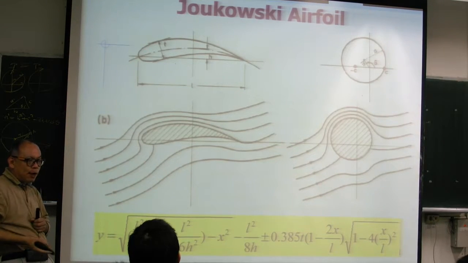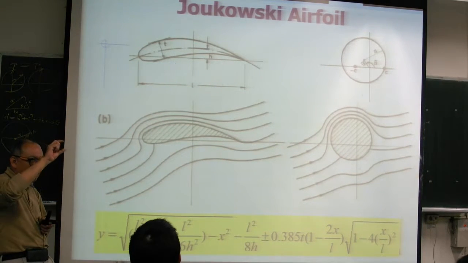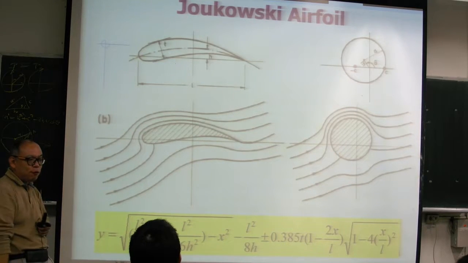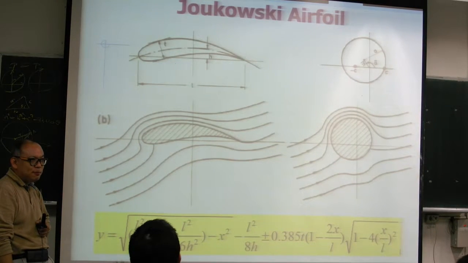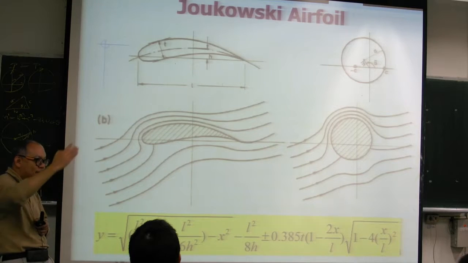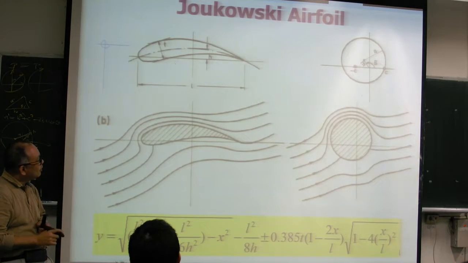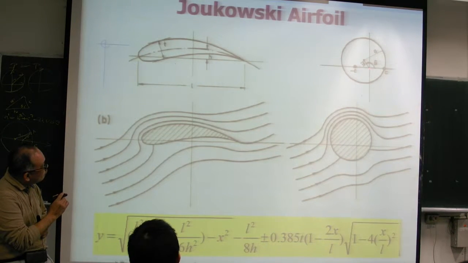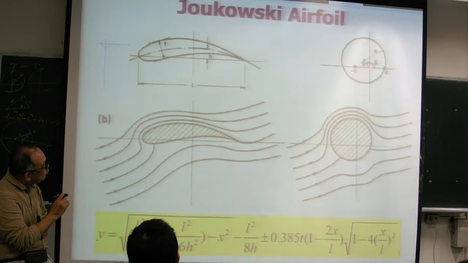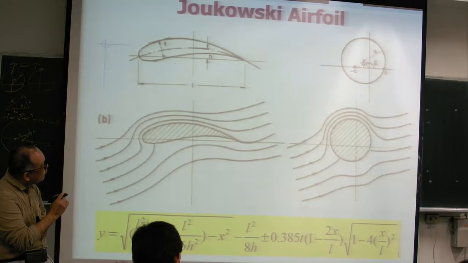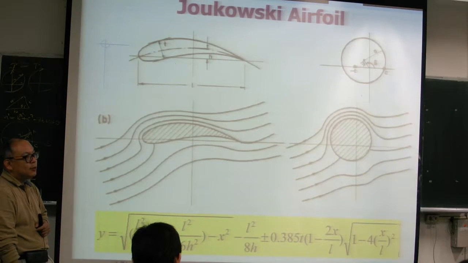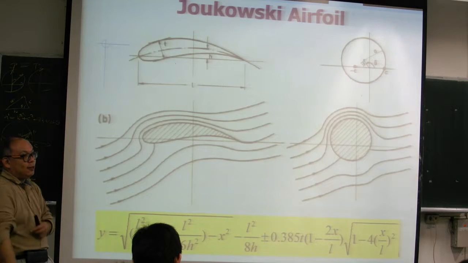If we want an airfoil with both thickness and camber, what should we do? Instead of our circle origin being here, we move it here. To the left gives you the thickness, and upward gives you the camber. That's the main idea.